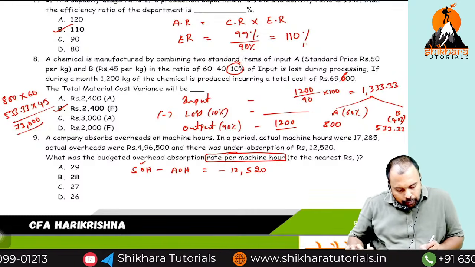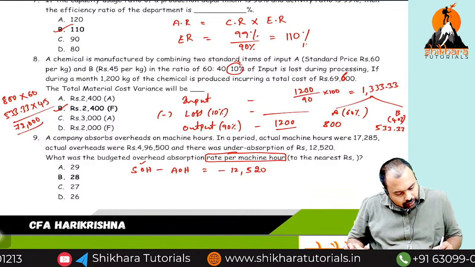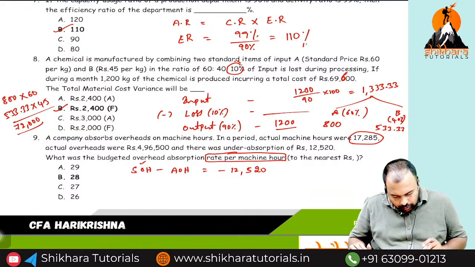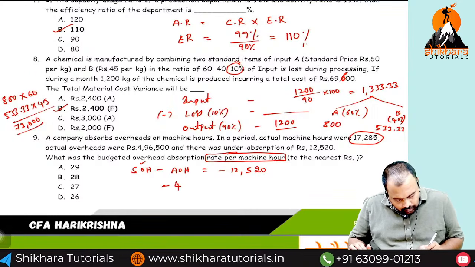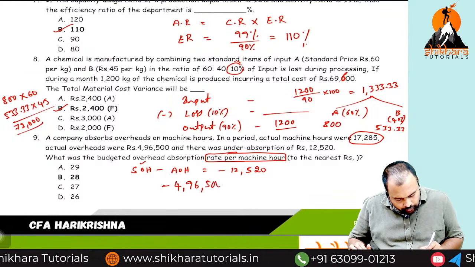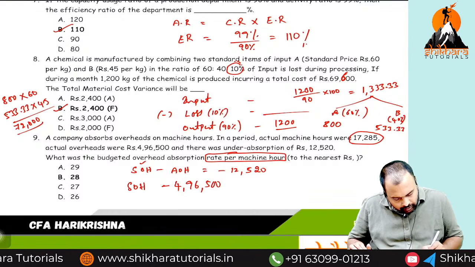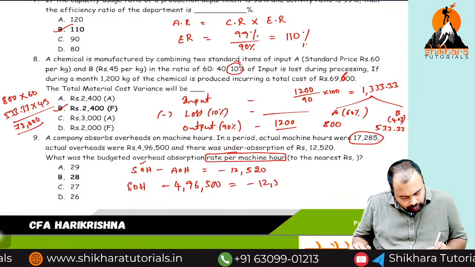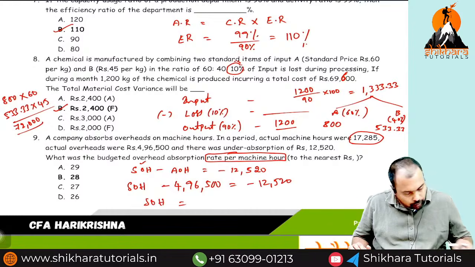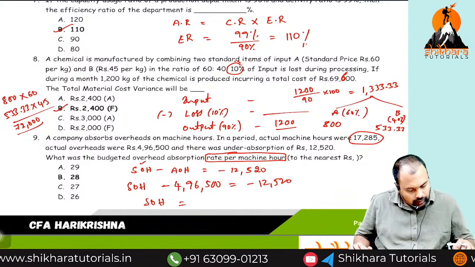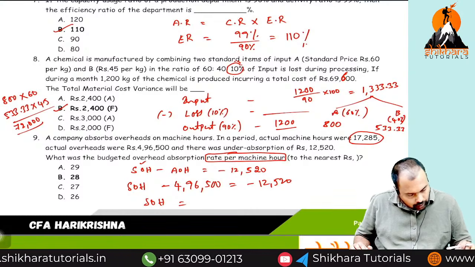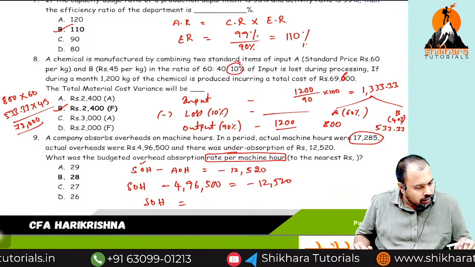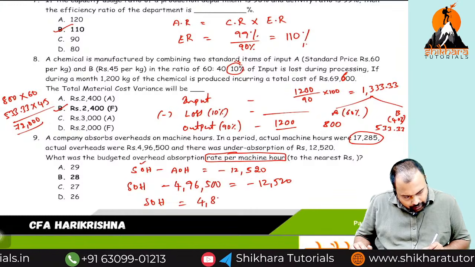Okay, the company absorbed overheads on machineries in a particular period. Actual machineries were 17,285, and actual overhead is 4,96,500. Then what should be the SOH, sir? SOH has to be equal to minus 12,250. That implies SOH is equal to how much? 4,96,500 minus 12,250, which is 4,84,250.